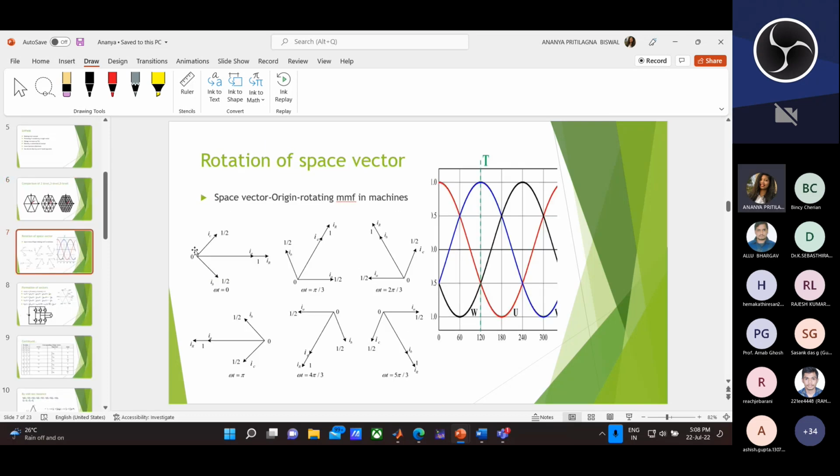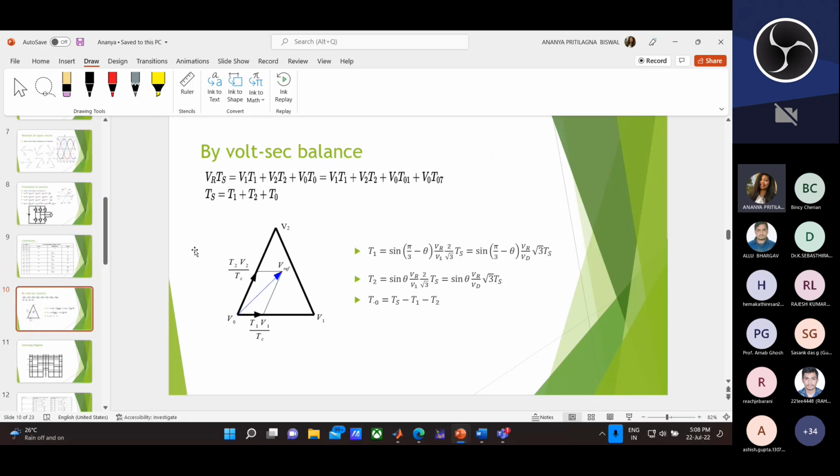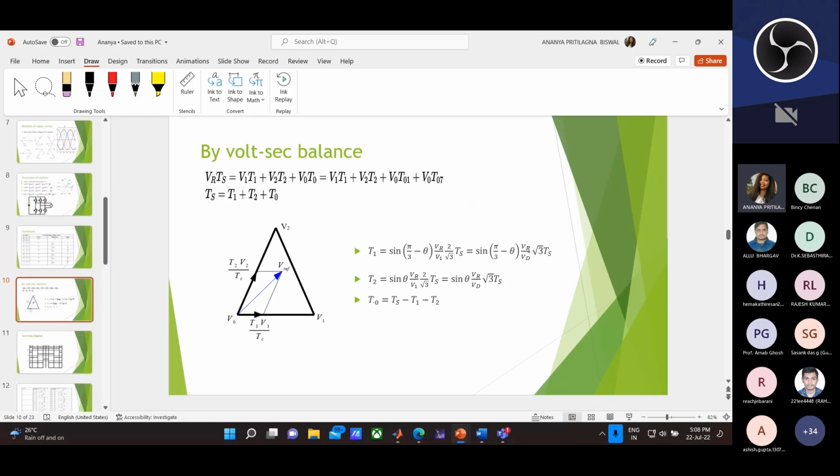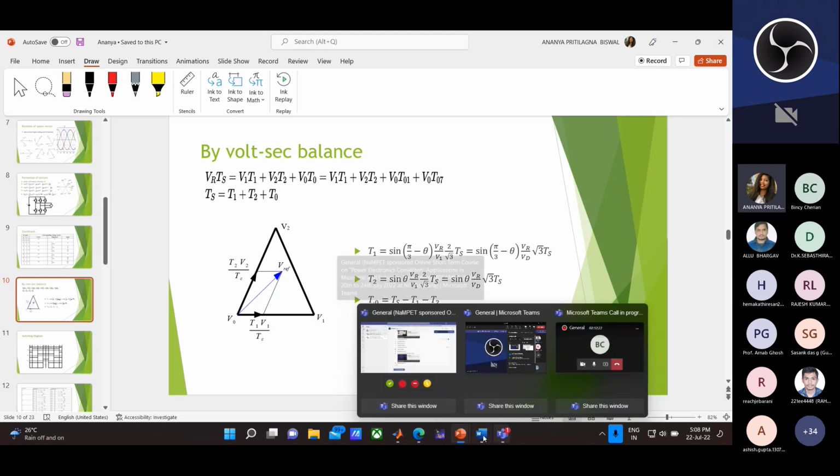These are the equations: T1 equals sine of (pi by 3 minus theta) times VR by VDC into root 3 TS. Similarly, T2 equals sine theta times VR by VDC root 3 TS. From those, T1 and T2 are calculated.